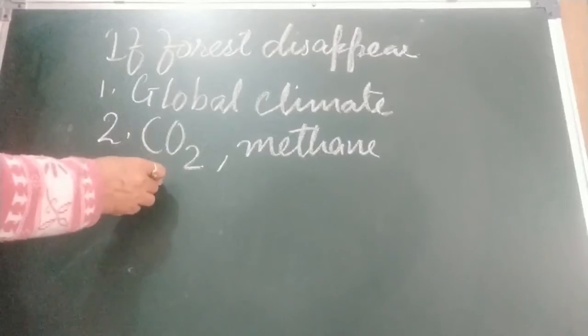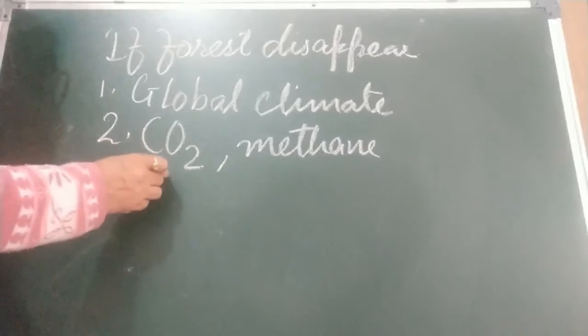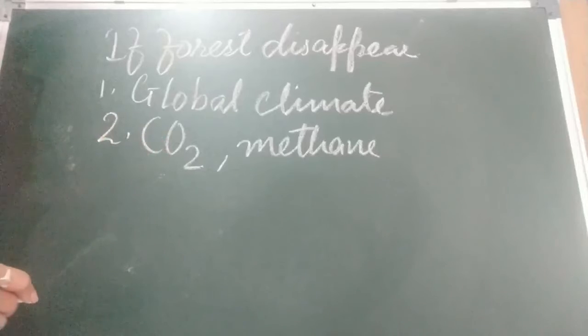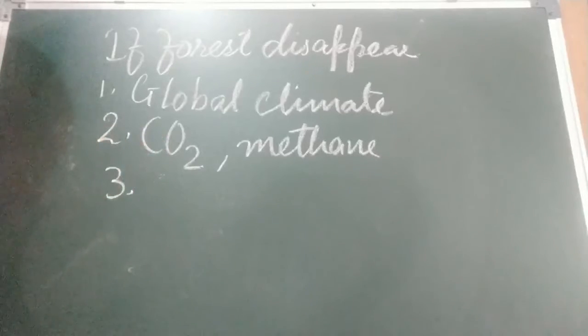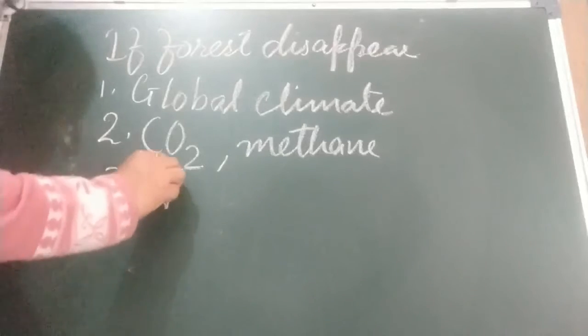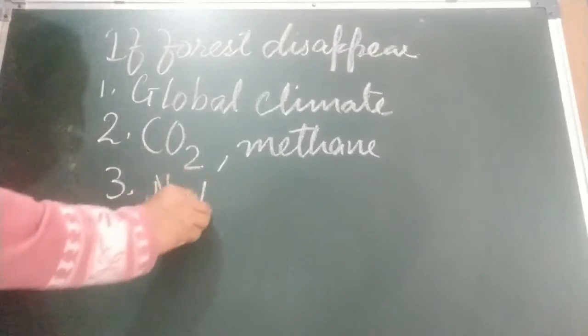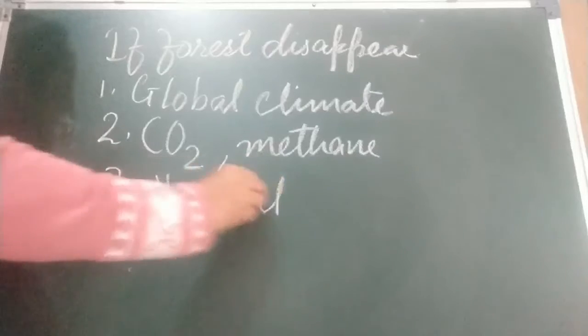So carbon dioxide would be more there, and we call it a greenhouse gas, and this causes global warming. Natural resources such as timber, medicinal plants and nuts, we depend on these. If deforestation takes place, we will not get these natural resources.